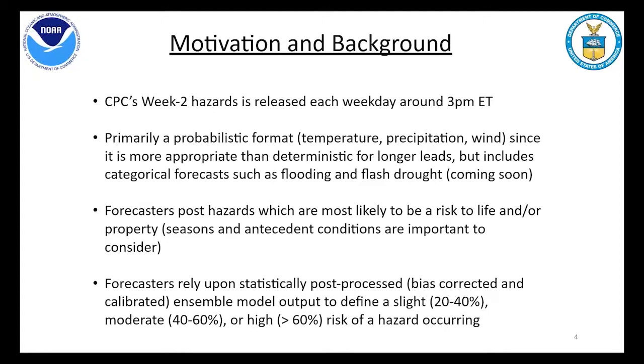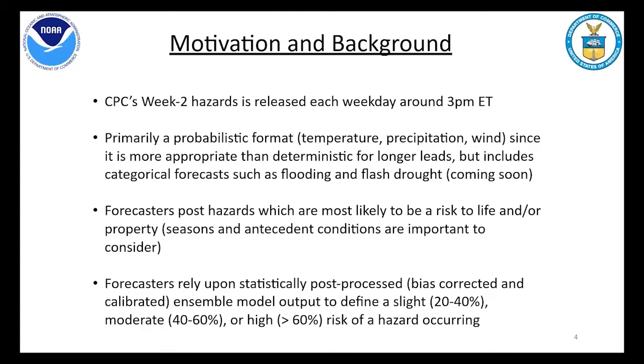So here's just some background on the Week 2 hazards. It's released each weekday around 3 o'clock Eastern Time. It's primarily a probabilistic format for the variables temperature, precipitation, and wind.